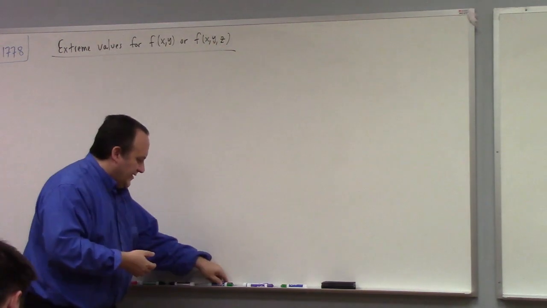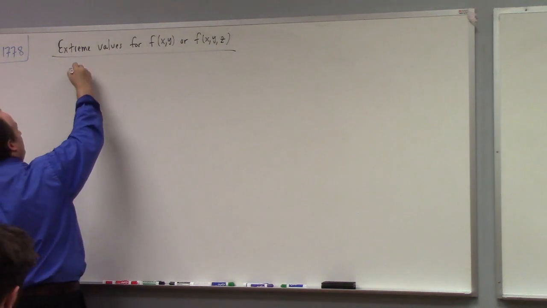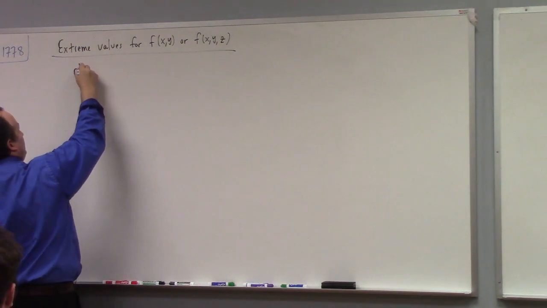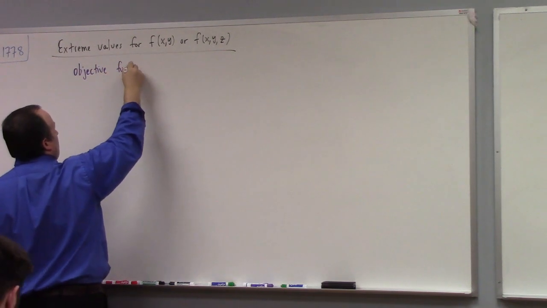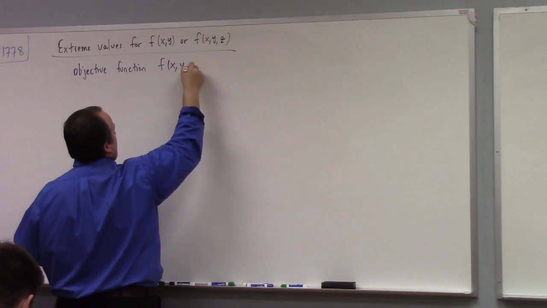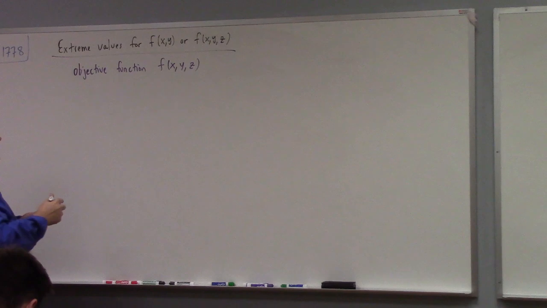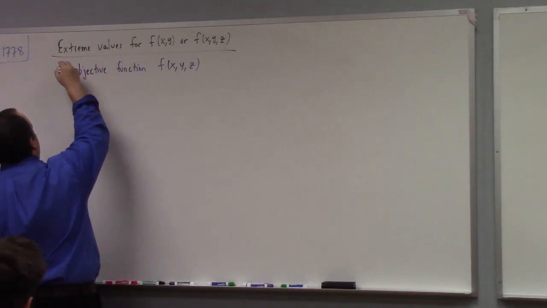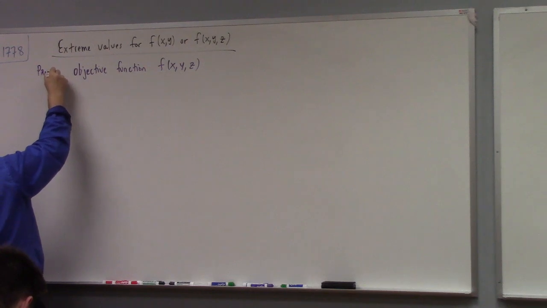So today I want to talk about, let's start with just a hypothetical. Suppose you've got what we call the objective function. So our objective is to minimize or maximize this thing. So objective function f of, let's say, I'll do the 3 variable one, f of x, y, z, right? And here's the problem. I think I told you before, mathematicians are weird.